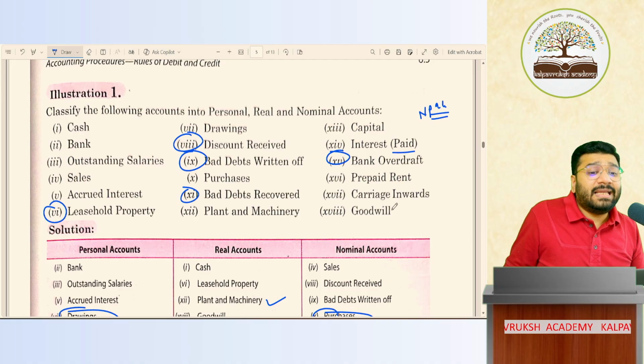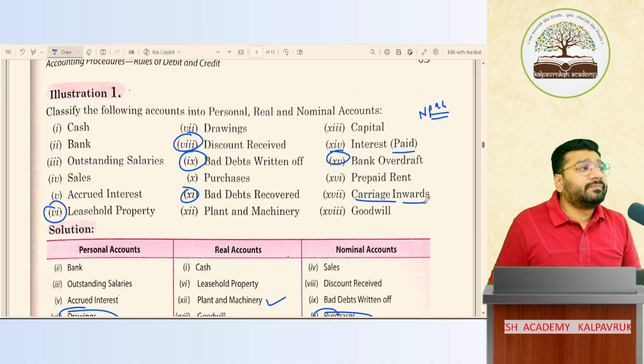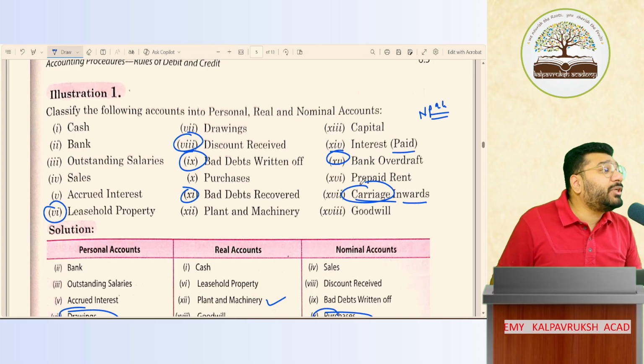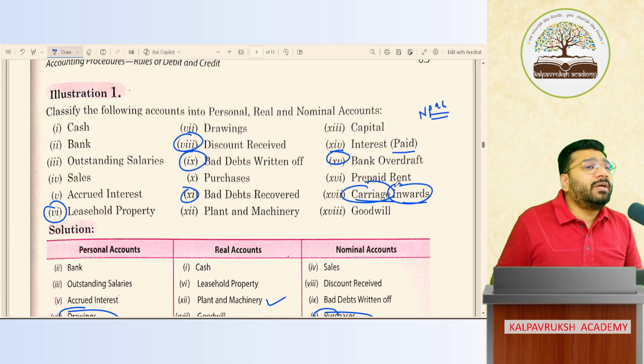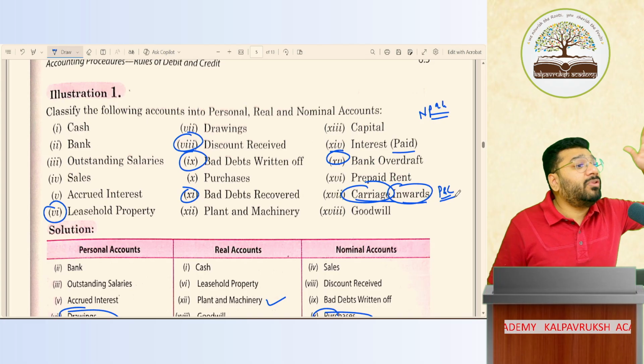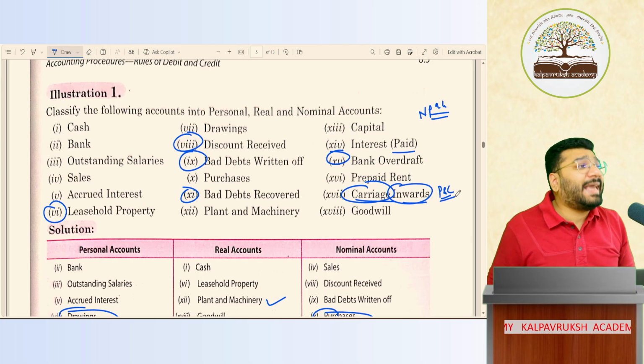Okay. Carriage inward. Carriage is nothing but transportation charges. Now, why is it called inward? In some places it will be carriage inward, in some places carriage outward. This you will understand properly only when I do your profit and loss account. In the final accounts, at that time I'll give you the meaning of carriage inward and carriage outward.